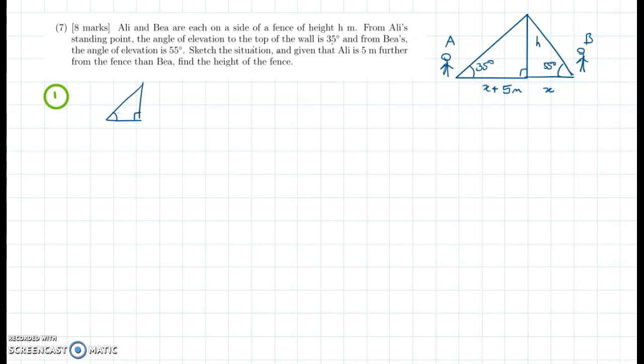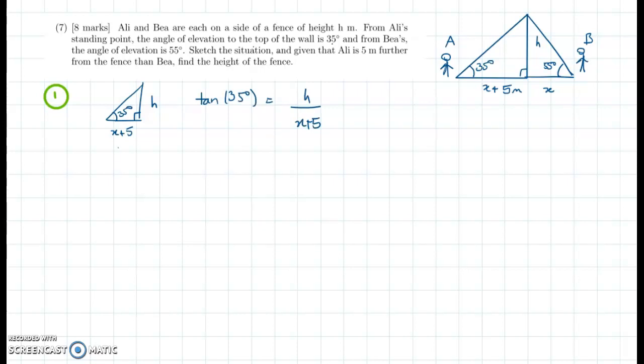So for this triangle where we have 35 degrees, h as the leg opposite to it, and x plus 5 as the leg adjacent to it, we can write that tangent of 35 degrees is the same as h over x plus 5.